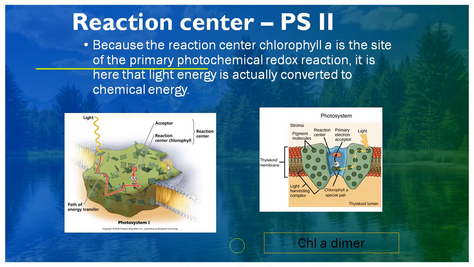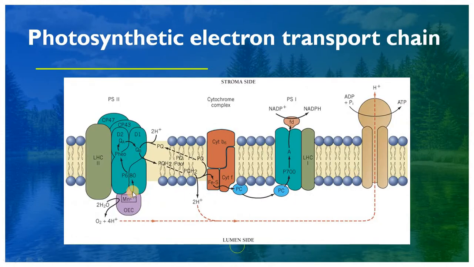Around that, you have the antenna chlorophyll, which kind of guide the light towards the reaction center, where water is going to be split, and then the electrons will go through the reaction center, and then they will find their way to the next protein in the electron transport chain.